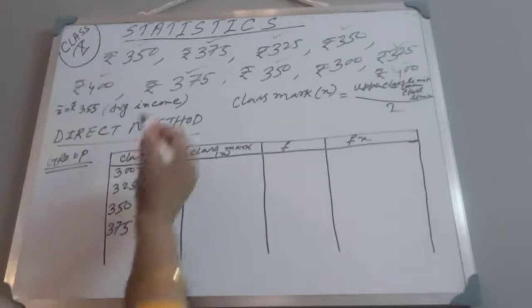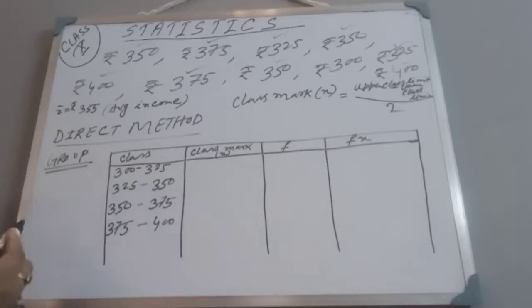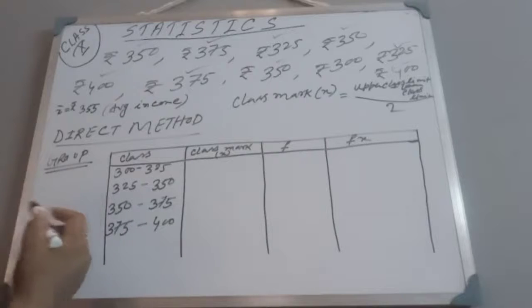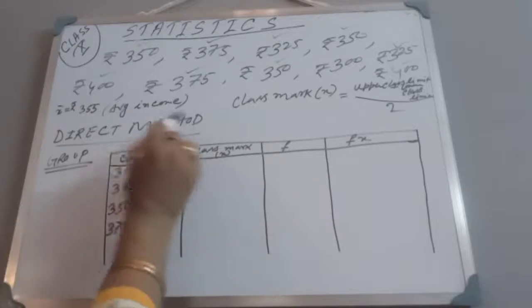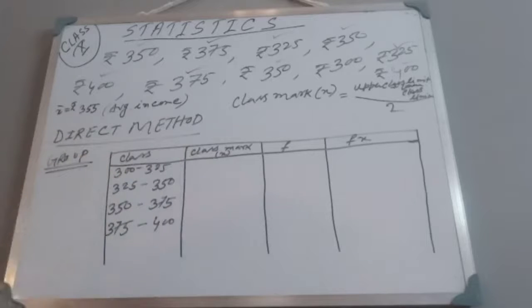Now there are a few methods to find the mean. One is the direct method, another is the deviation method, also called the assumed mean method or short method, and another is the step deviation method. One after another I will explain all the methods. First I will explain the direct method.